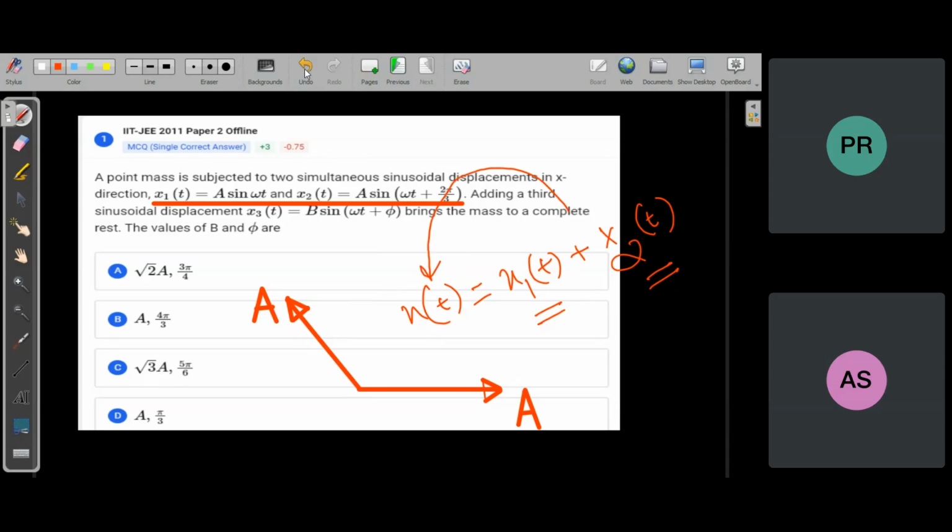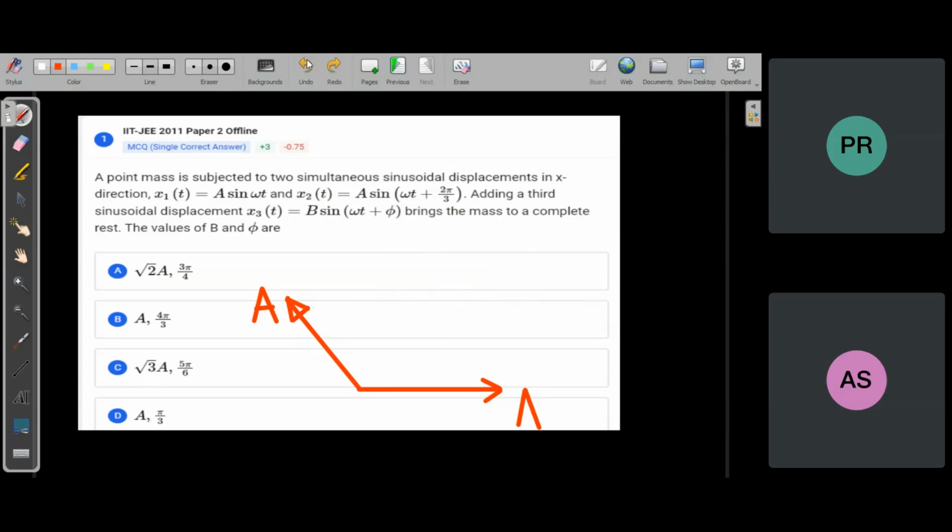So we can say that this is the simple harmonic motion, where the restoring force is the net resultant force of the two forces. So the resulting motion will be a SHM whose amplitude you can find by vector addition.